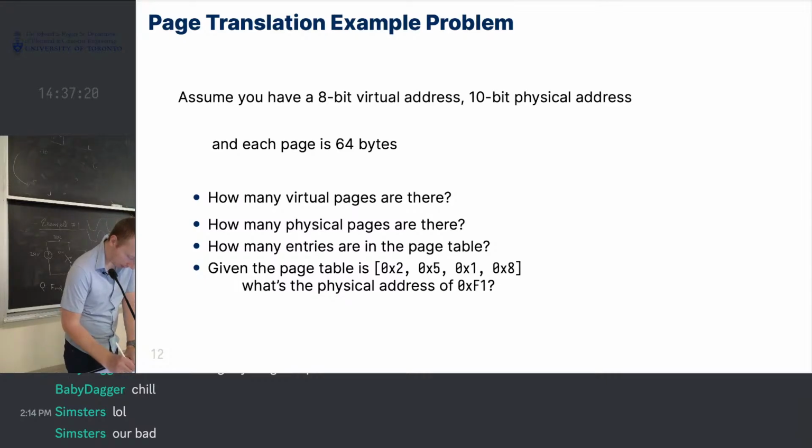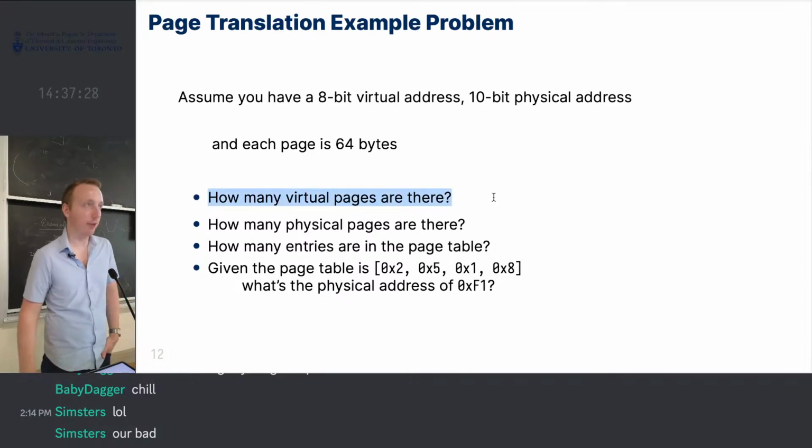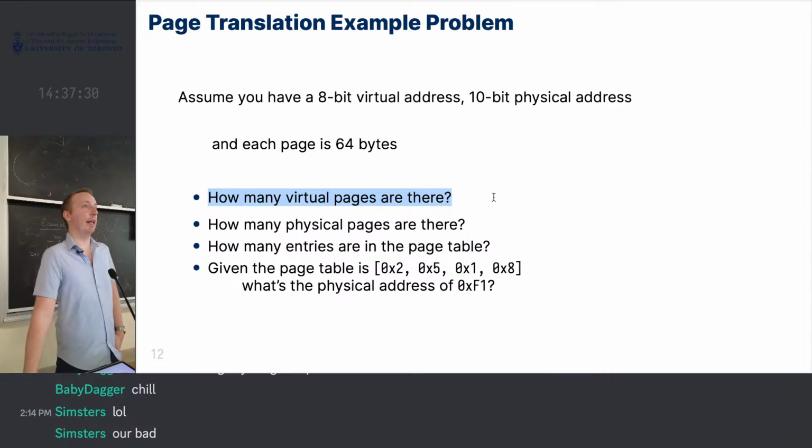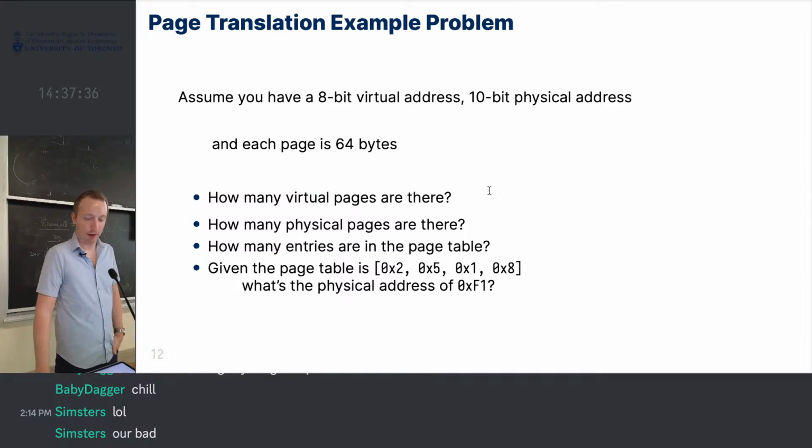So for this, given the system, some questions that you might get, hint, hint, nudge, nudge, would be something like, hey, how many virtual pages are there? How many physical pages are there in the system? How many entries are there in the page table?